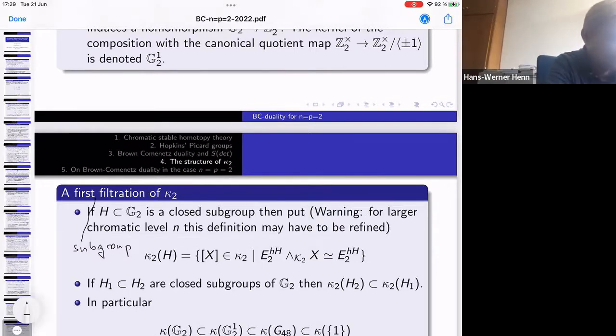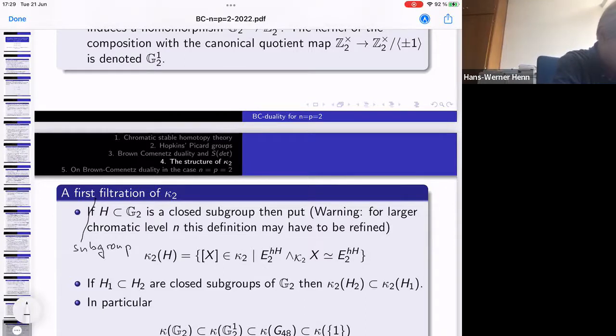If H is a closed subgroup, first of all, we define for every closed subgroup kappa 2 of H. That's those isomorphism classes in kappa 2 for which E2 to the hH, the homotopy fixed points of E2 with respect to H, smashed with X become equivalent to E2 hH. Well, I guess the notation is very badly chosen for a talk where you have to pronounce HH and one H is capitalized and the other one isn't.